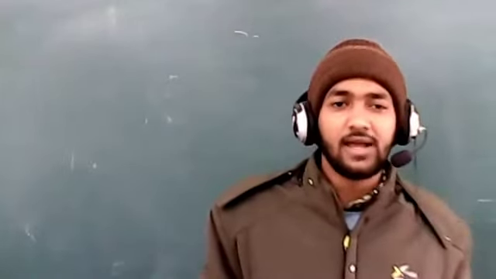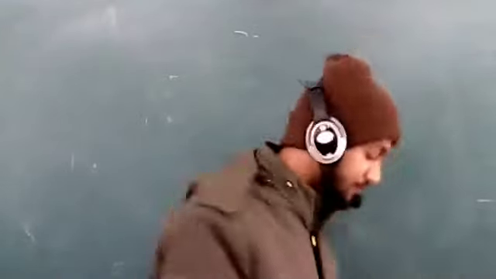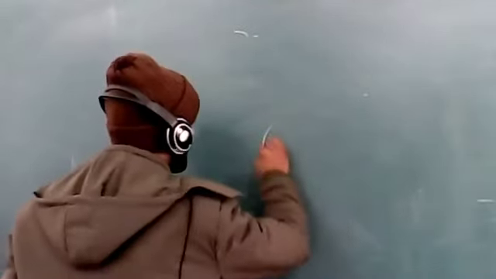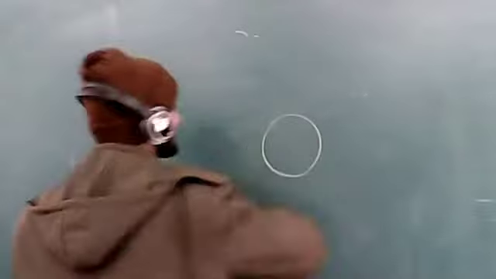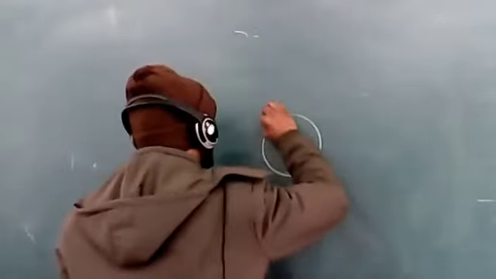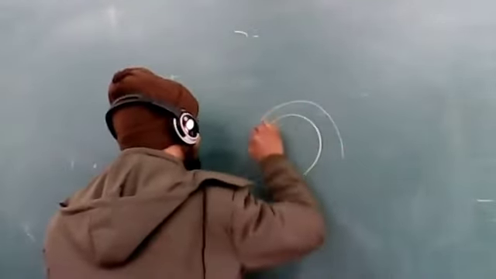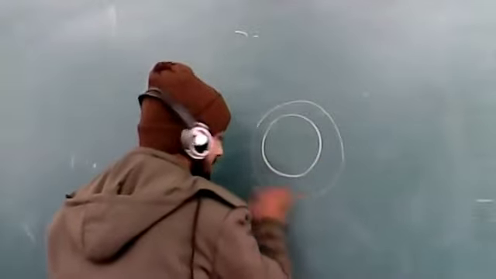So pulley is a simple machine, because we have discussed it so many times. And pulley is a small wheel. It is like a wheel, with a groove around its outer edge, means around the outer edge there is a cut.